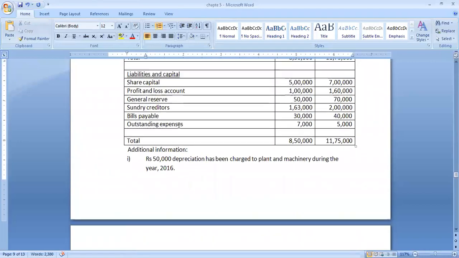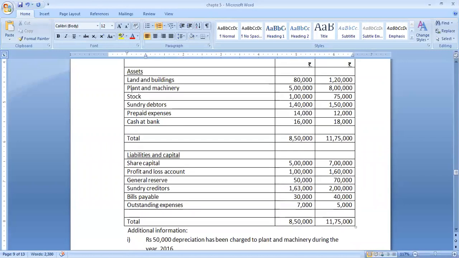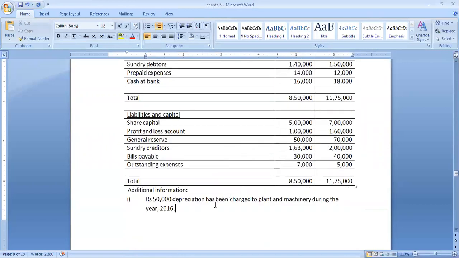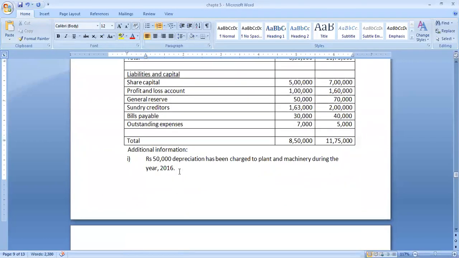Depreciation will be taken in the separate plant and machinery account, and that depreciation will also reflect in the operating activity. So it will be taken under two headings: one under operating, and also under the respective account.